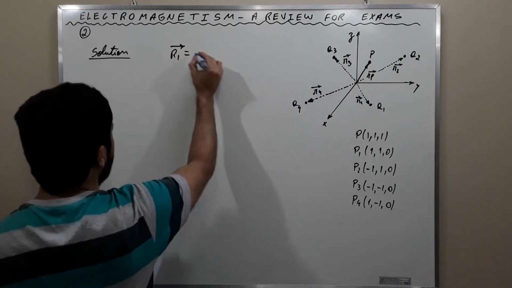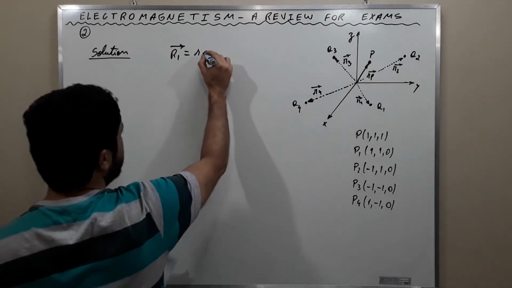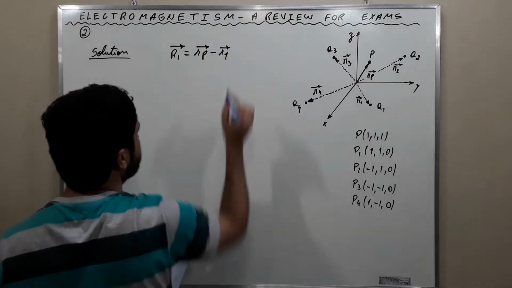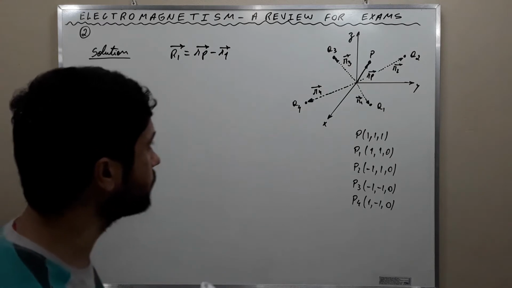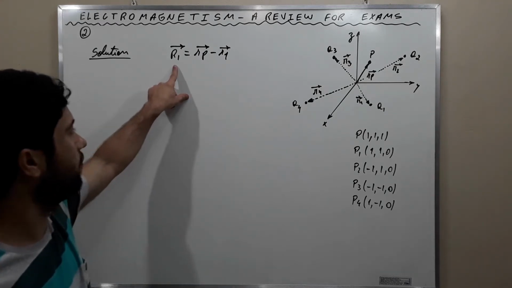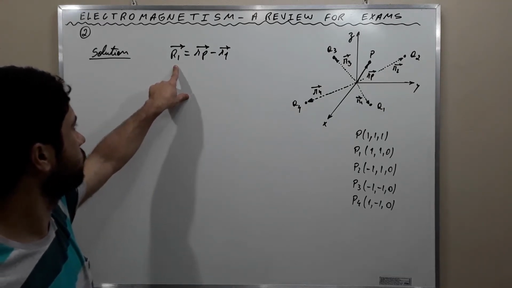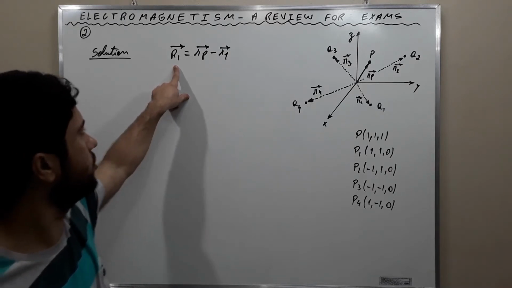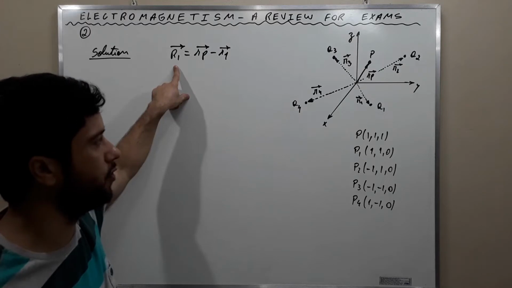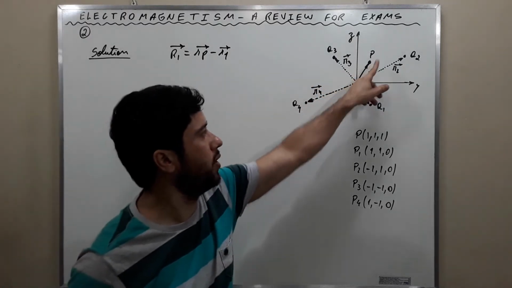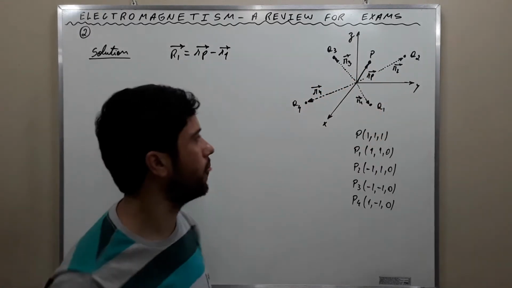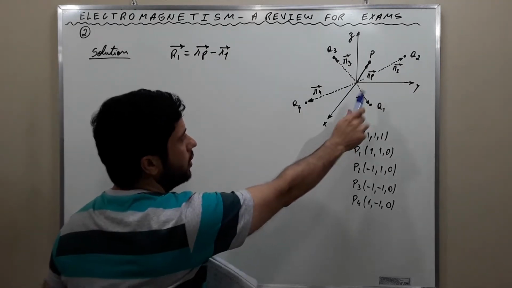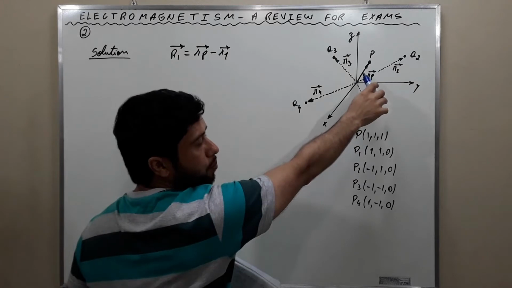Okay? To help us calculate, let's call R1 equal to RP minus R1, the vector that positions the influence or the electric field at P caused by Q1. Okay? R1 positions Q1 and RP positions the point.